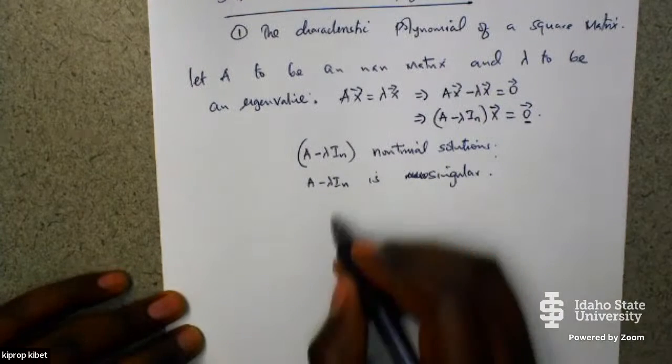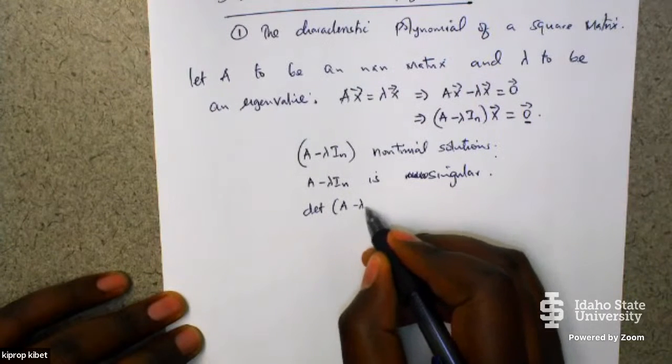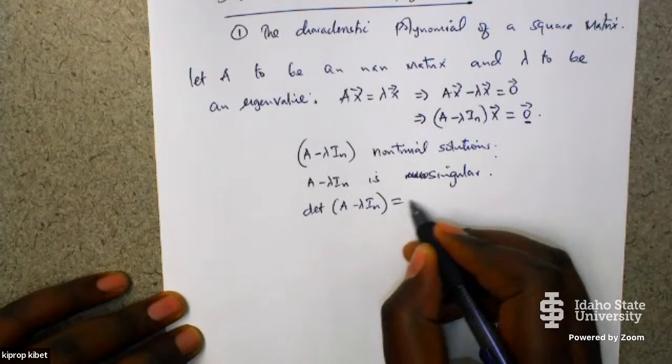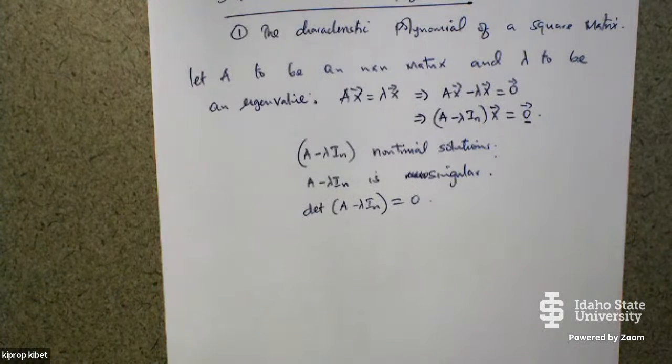So if this is singular, then the determinant of A minus lambda I is equal to 0.